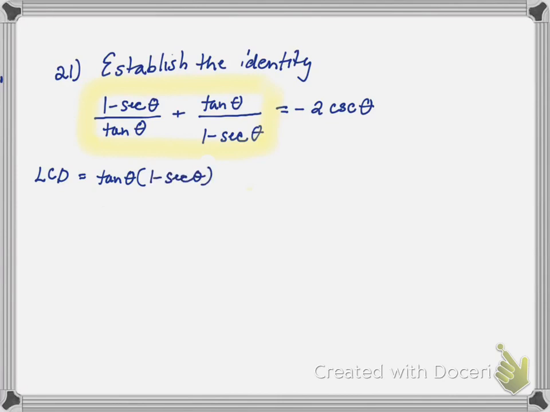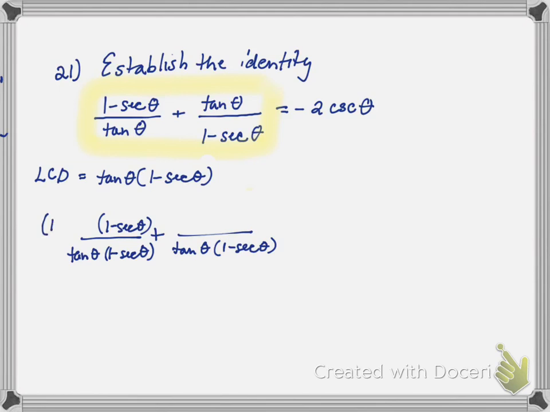My next step is to build up both of these values so that my denominator says tangent theta times 1 minus secant theta. If you look at the numerator of the first one, I had 1 minus secant theta, and I had tangent theta in the denominator. Now I have tangent theta times 1 minus secant theta.